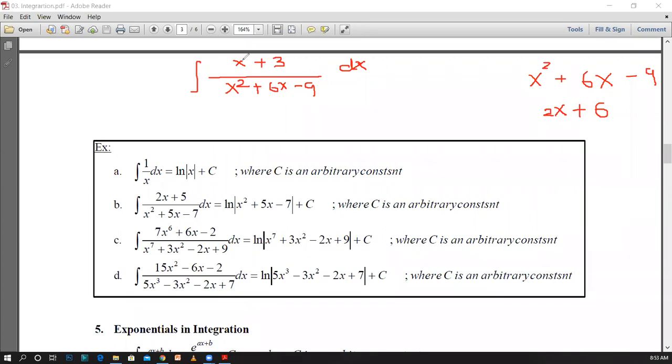Therefore, in a situation like this, since this is the only method we can use, first of all we need to make f dash x in the numerator. Here we have x squared plus 6x minus 9 in the denominator. Then the derivative of this function can be obtained just by multiplying this quantity. The quantity we can see here is x plus 3, and if you multiply this quantity by 2, then you can obtain 2x plus 6.